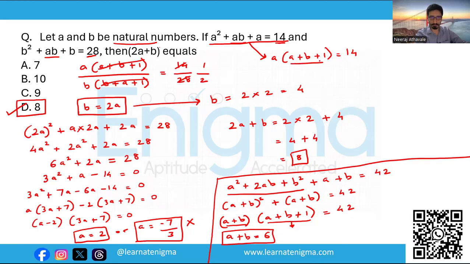And we know a plus b plus 1 is 7. So a into 7 is equal to 14. Therefore, a is equal to 2. Now a is 2, therefore, as per this equation, b comes as 4. And eventually, we get the same answer as 8.